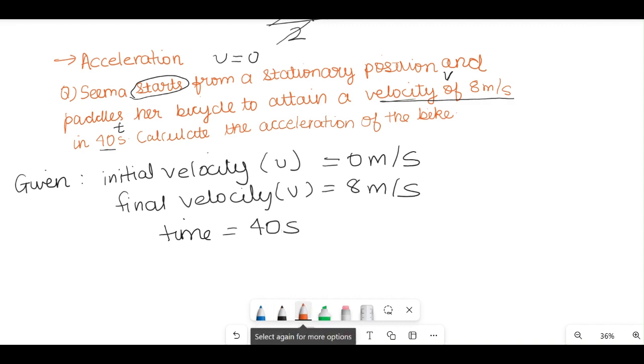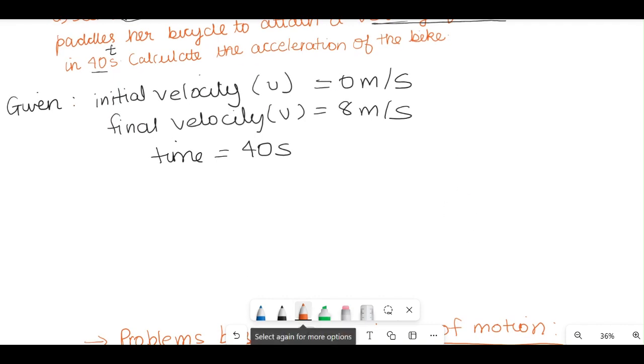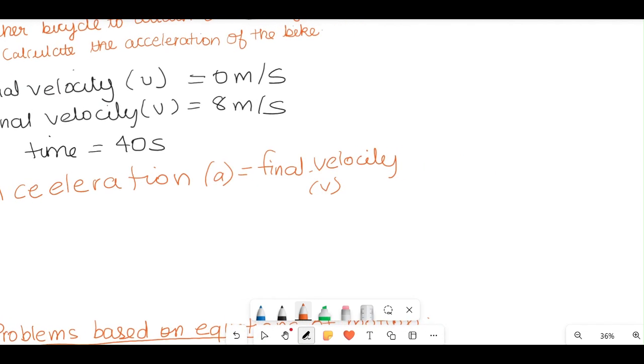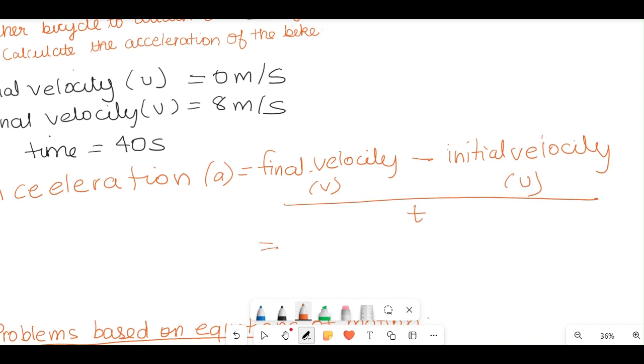Now using the formula of acceleration, we find out, so acceleration, that is a, equals final velocity, v, minus the initial velocity, that is u, upon t.